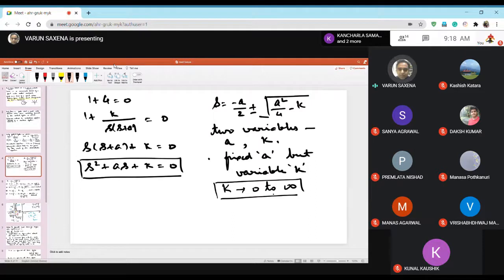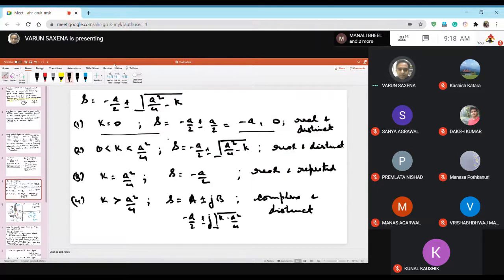So we'll see what happens. I was able to tell you that if you put k equal to 0, you got certain roots which were real and distinct. If the k value was lying between 0 to a square by 4, you still got distinct roots, but now they were not stationary at minus a and 0.